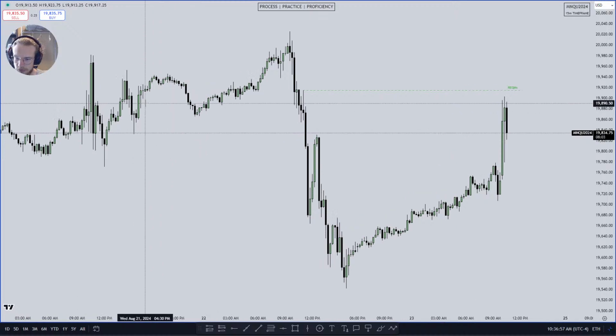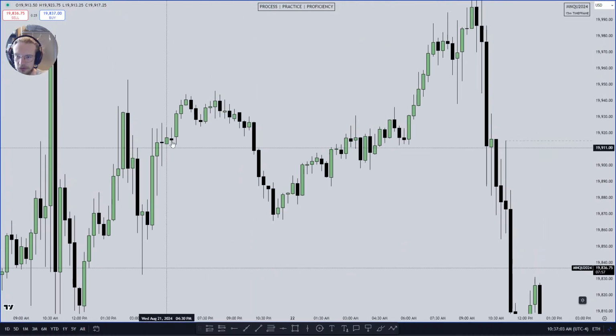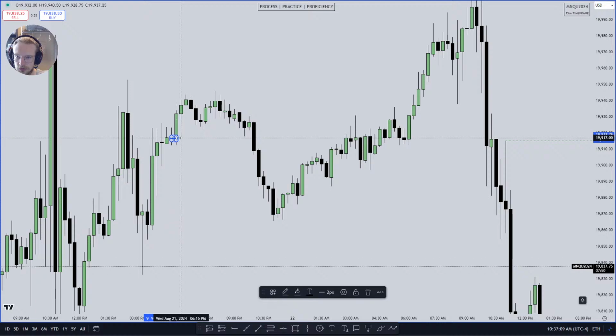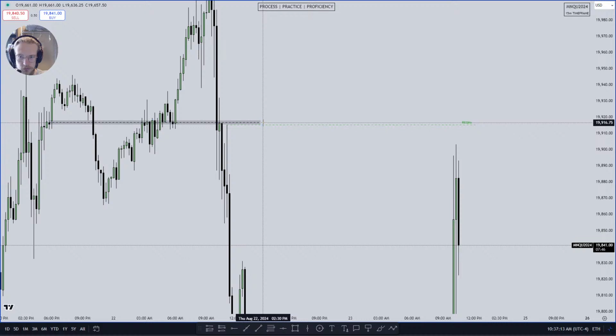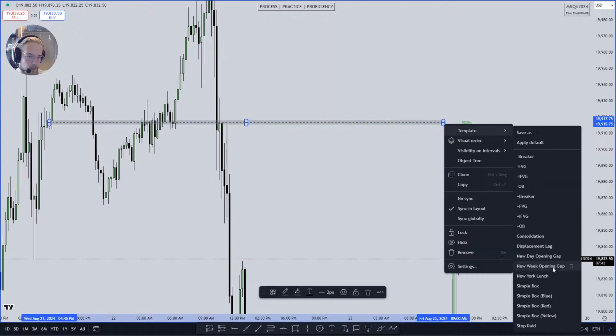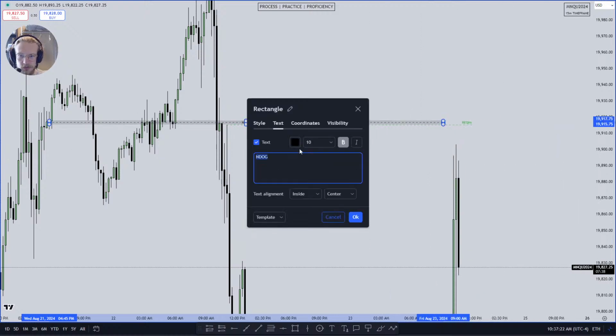Then this here is our new day opening gap, from close to open. New day opening gap. This would be for yesterday.